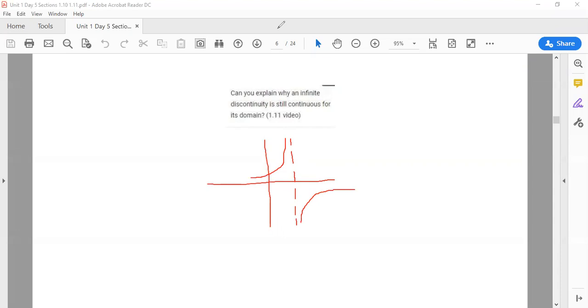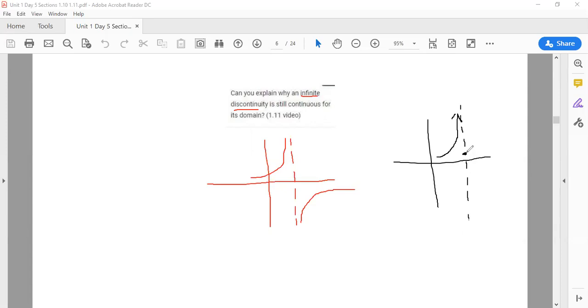But just because it has an infinite discontinuity does not mean that it's always continuous on its domain. I want to show you an example, off to the side here in black. Here is a function that has an infinite discontinuity. There's a vertical asymptote.